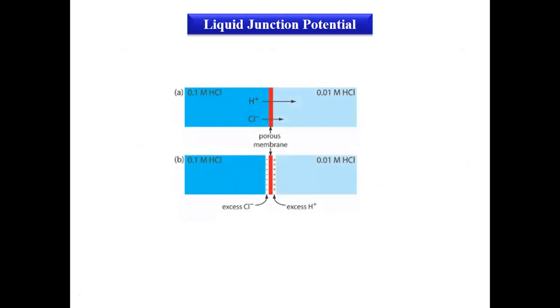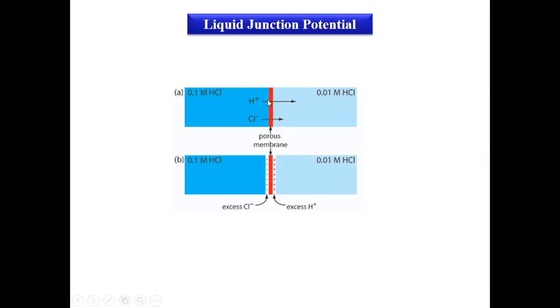What exactly is this liquid junction potential? So let's try to understand here. Once these HCl solutions are separated, 0.1 molar, the more concentrated one, and this is less concentrated HCl solution, and they are in direct contact through this porous membrane, this porous membrane allows the ions to move through it, right? And we have also discussed which of these ions, H ion or Cl, has higher mobility. It is the H plus ions.